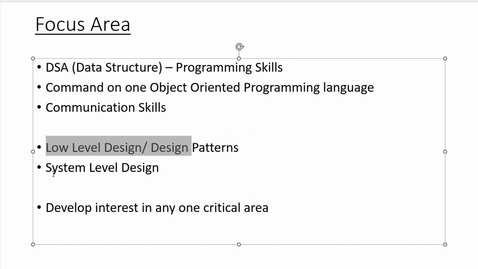So start by at least reading some concepts of system level design, like what a load balancer is, what a cache is, how proxy servers work, what HBase is, what Hadoop is, right? We can ask how caching works, what persistent caching is.